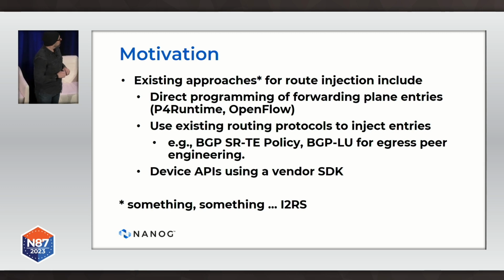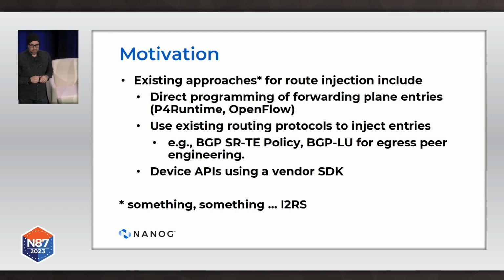So why do this? We have a number of ways to get stuff into the routing table. We have direct programming at a low level. I mean, we have P4 Runtime, we have OpenFlow. These are very low-level, device-specific and hardware-specific mechanisms for injecting information into the hardware routing table, and more accurately, it's typically into the FIB.